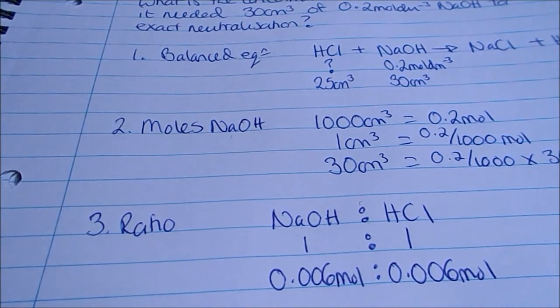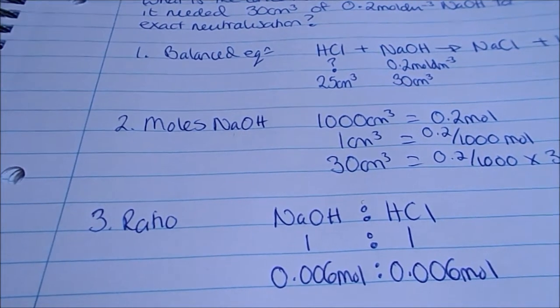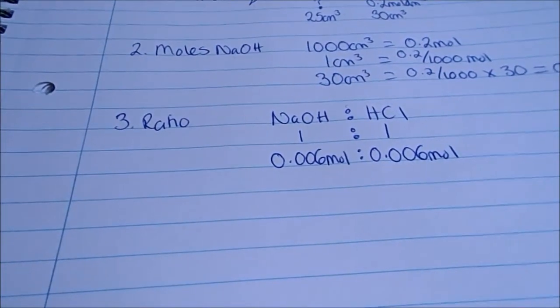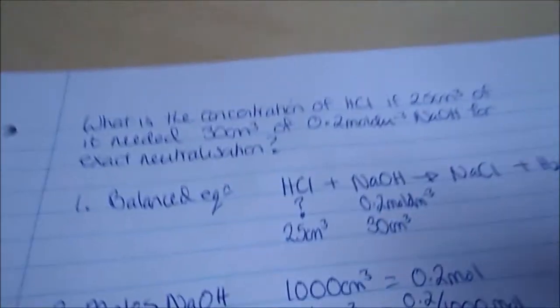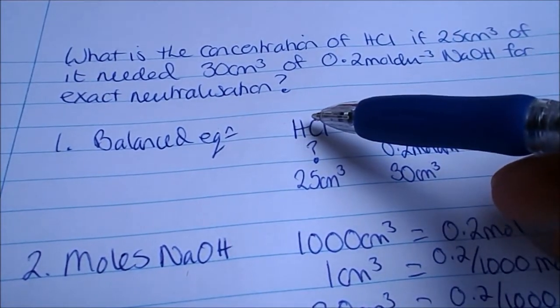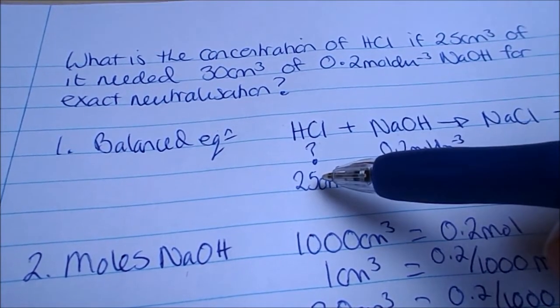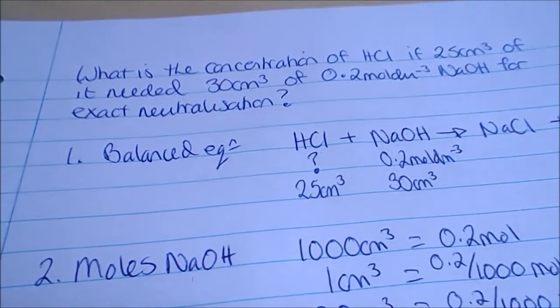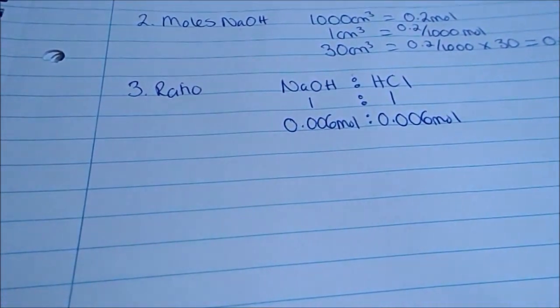Now, next bit then is to sort out our concentration. That's what we've been asked about. So I'll just whiz you back up to the top. With our HCl, we now know we've got 0.006 moles of this. We know our volume. We pair those together, and that gets us to concentration.